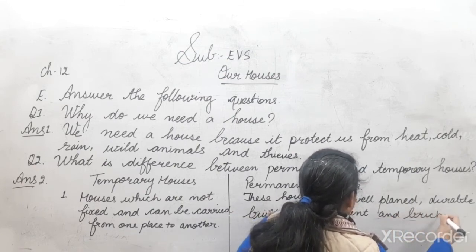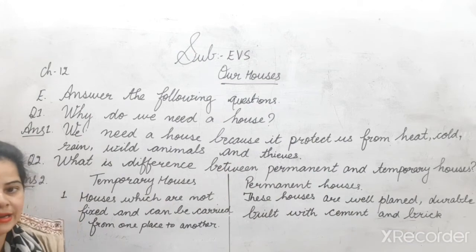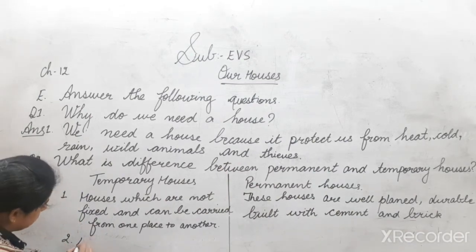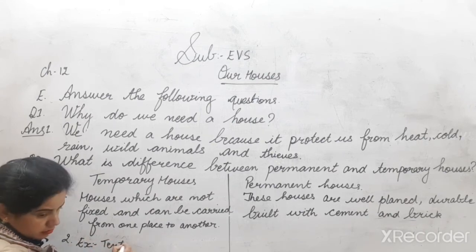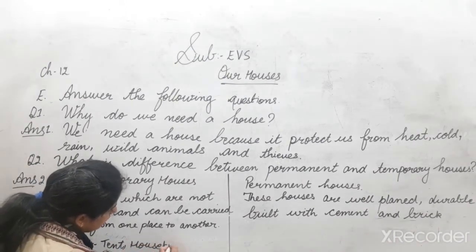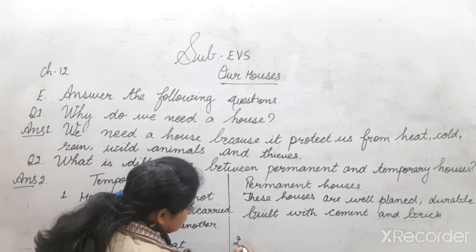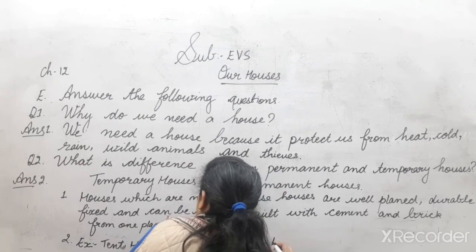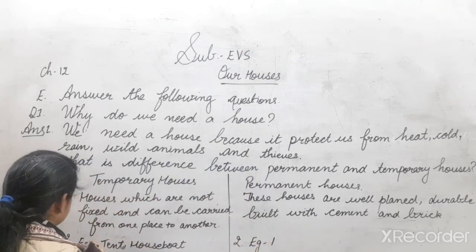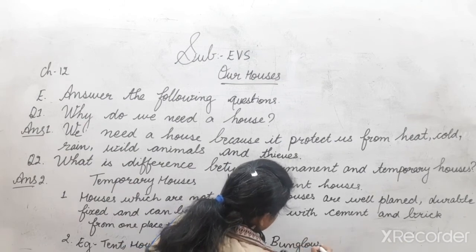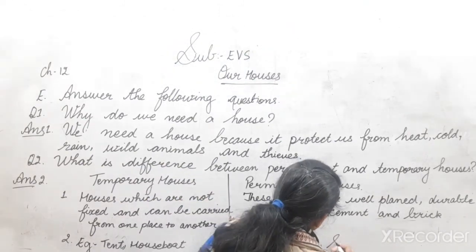Okay, these houses are constructed well planned and built. Second point is examples. For temporary houses, examples are your tent, houseboat, and for permanent houses the example is bungalow, and single story.